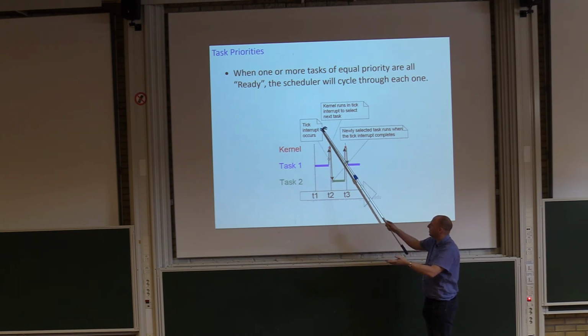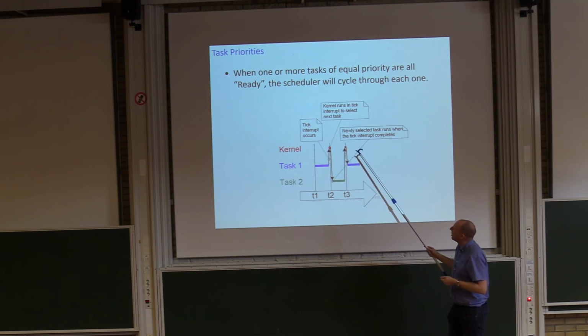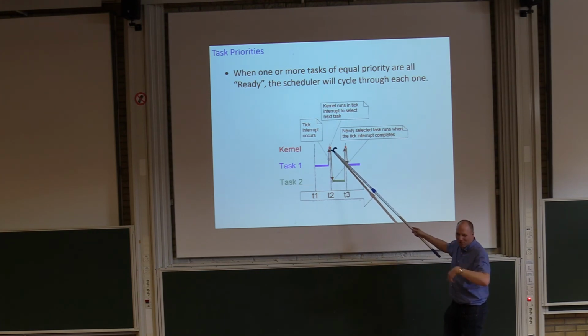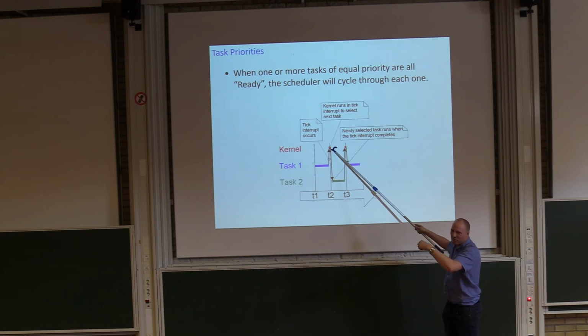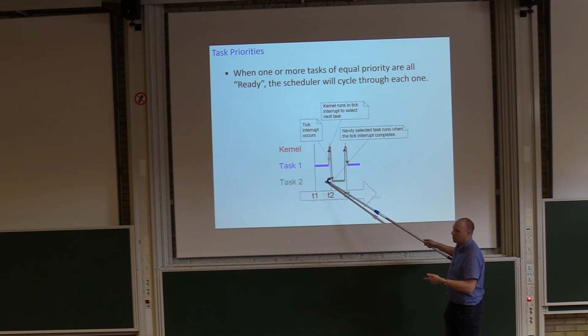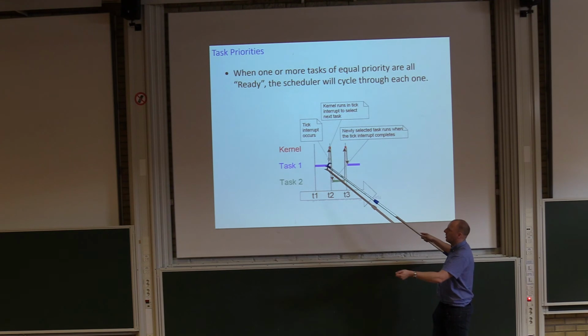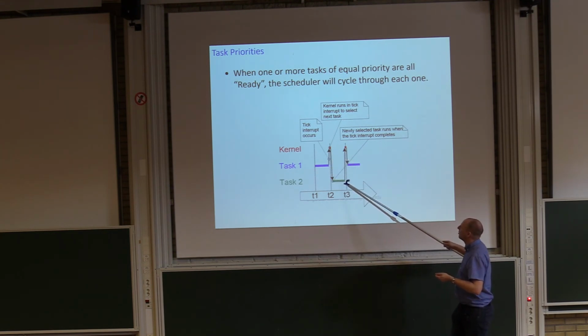So when this tick of clock cycles has elapsed, it will switch over to the code in the real-time operating system that looks at the ready queue to see if there is some other process with the same priority. Assuming that we had another task with the same priority, there was, so it will do a context switch, throwing out task number 1, throwing in task number 2.